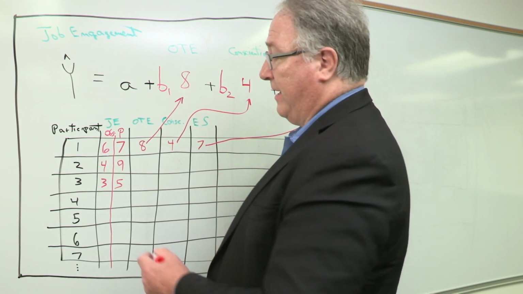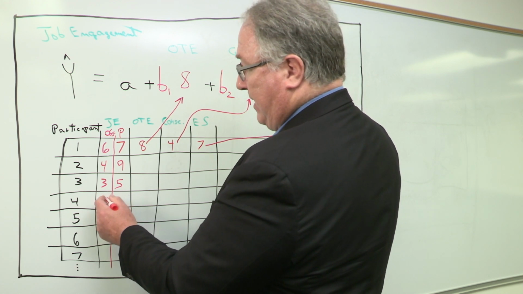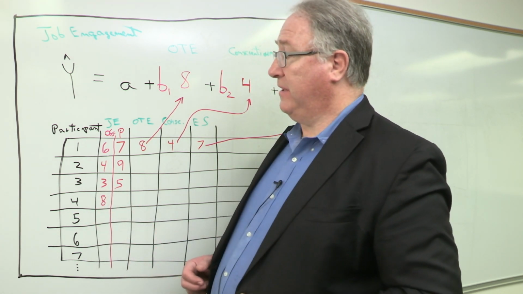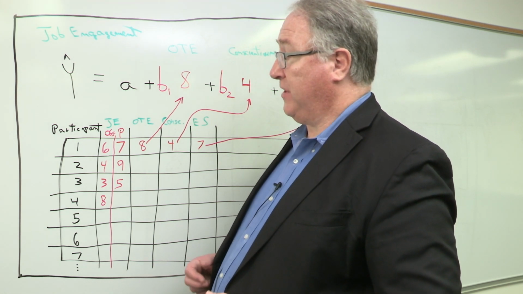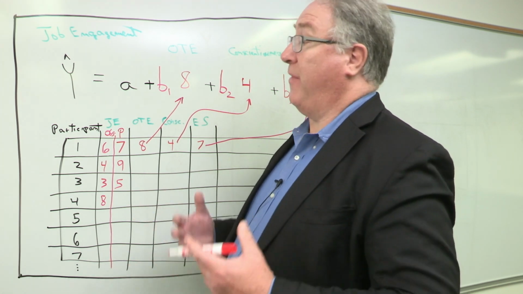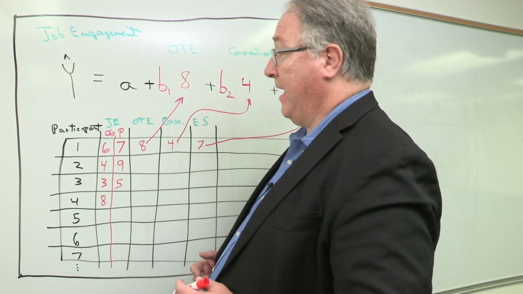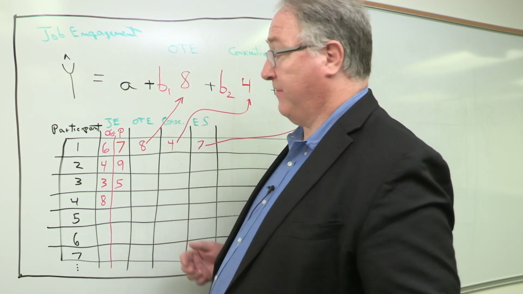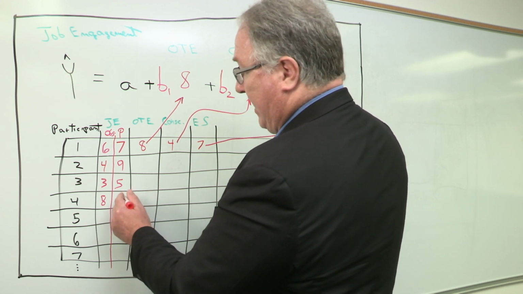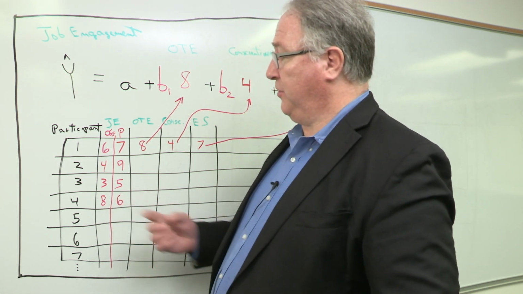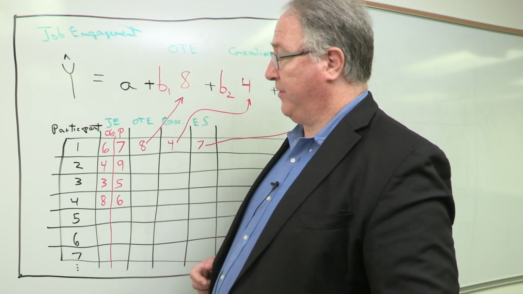And one more, let's say that participant 4 got an 8, that's their actual observed value on the outcome variable measure, and the predicted value from the model, let's say is 6. Well, that's pretty close too to the actual observed value.